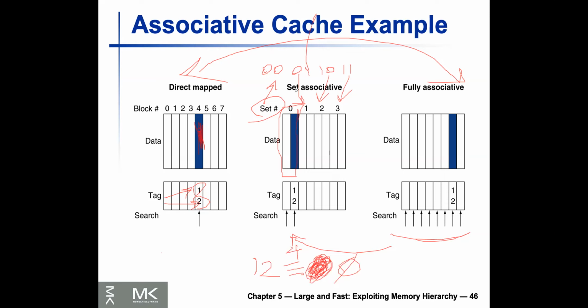So now we have only this to search for. For the fully associative, we have no idea which of them to look for, so that's why we need comparators to search all of them.